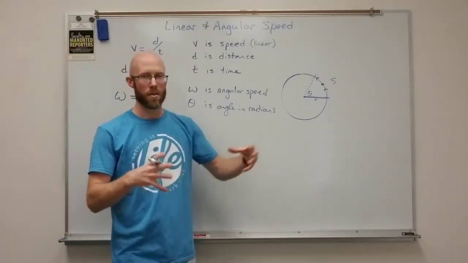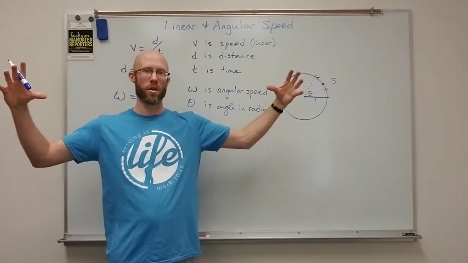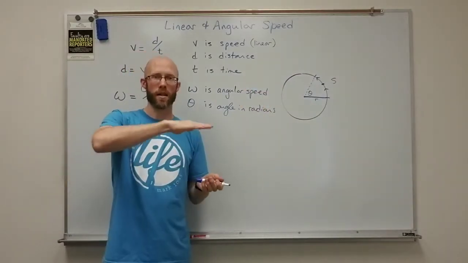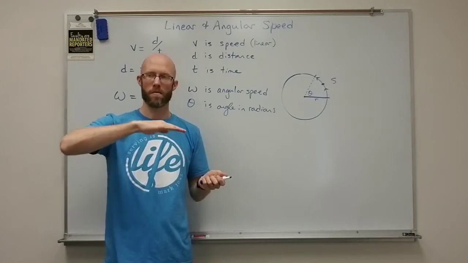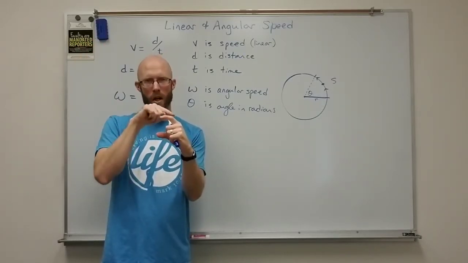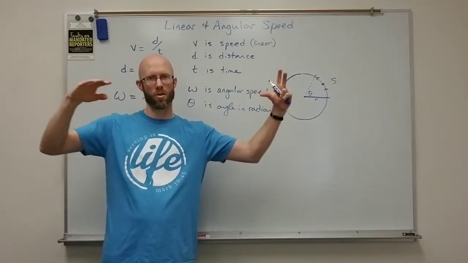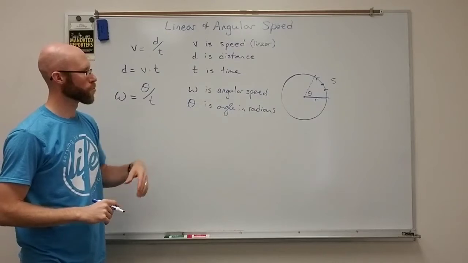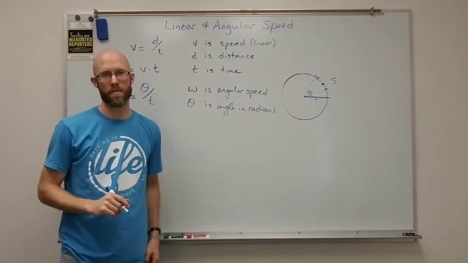And of course, the bigger the circle, the larger that speed is, right? If you covered a 90 degree arc on a very small circle, you don't cover a lot of distance, but on a larger circle, the same angle, you cover a larger distance. So the radius is important in all of this.